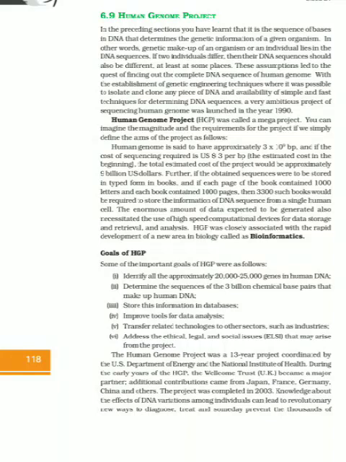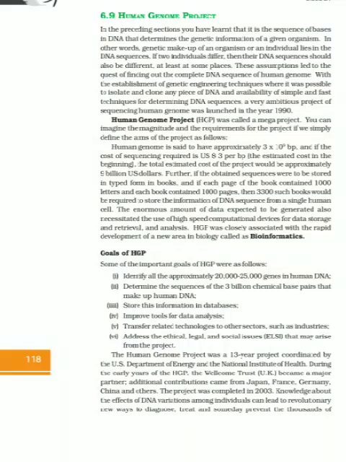You can imagine the magnitude and the requirements for the project if we simply define the aims of the project as follows. Human genome is said to have approximately 3 × 10^9 base pairs, and if the cost of sequencing required is $3 per base pair, the total estimated cost of the project would be approximately 9 billion US dollars.